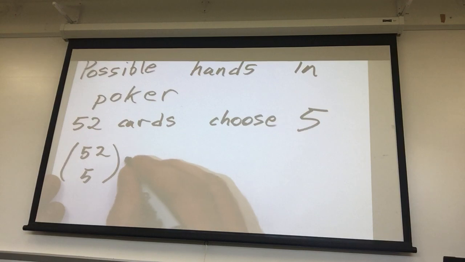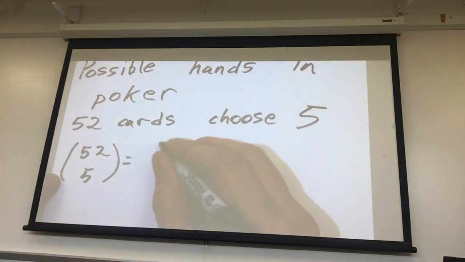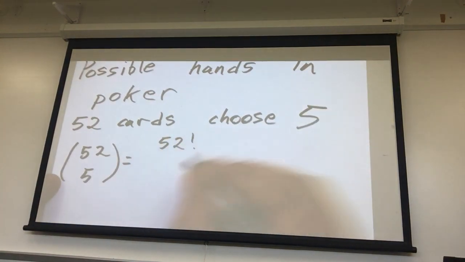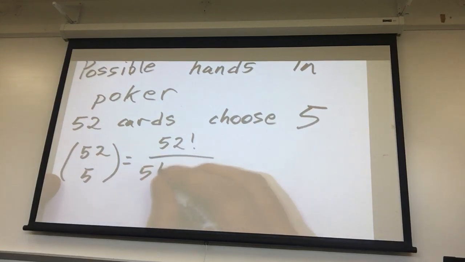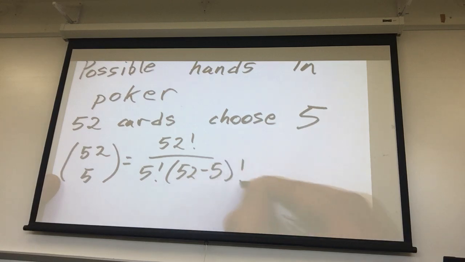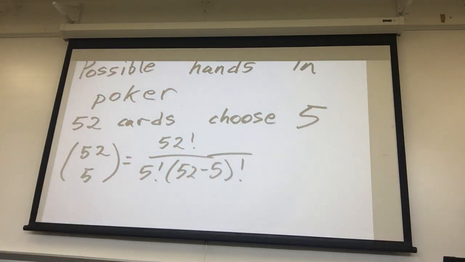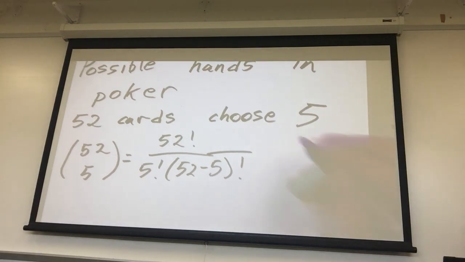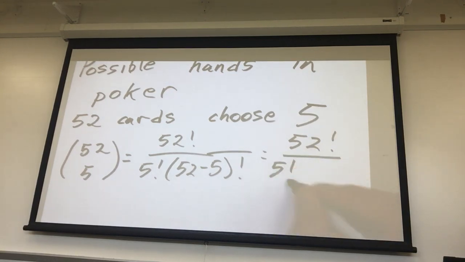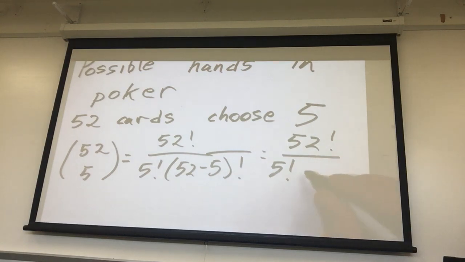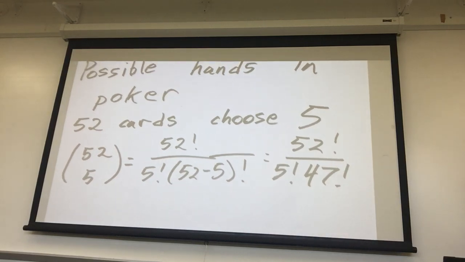52 choose 5 would equal 52 factorial divided by 5 factorial times (52 minus 5) factorial. 52 minus 5 is 47, so that becomes 52 factorial divided by 5 factorial times 47 factorial.